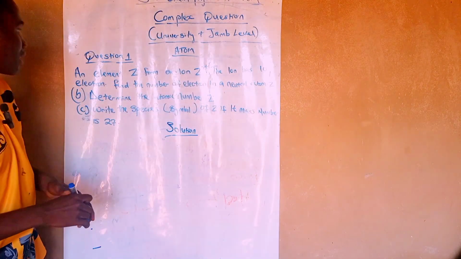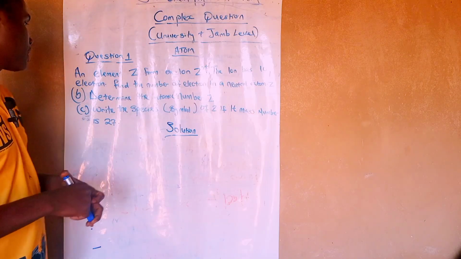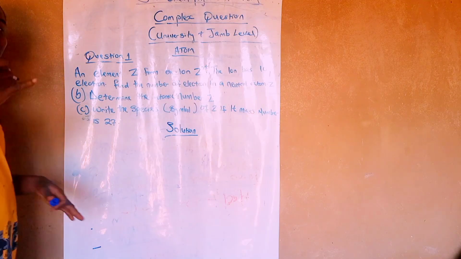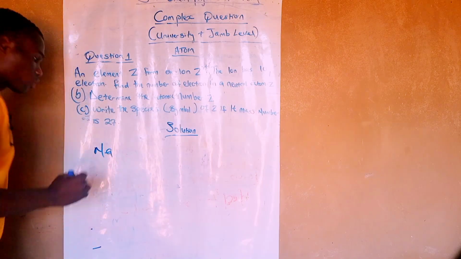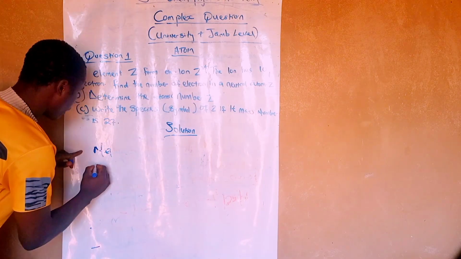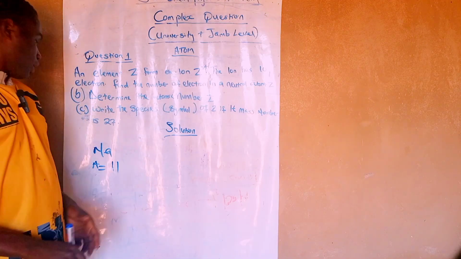Before solving this question, let me use sodium as an example. Sodium has atomic number 11. This is a sodium atom, and it has not become an ion.